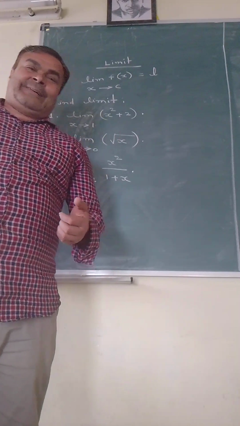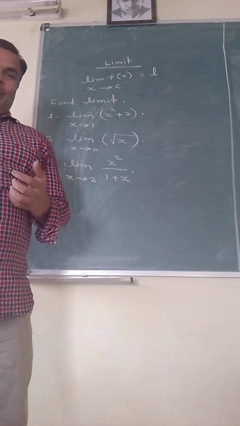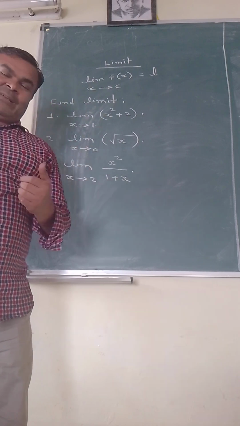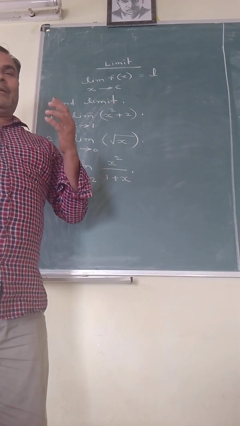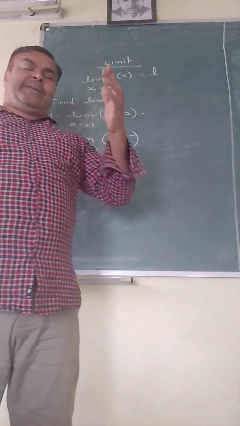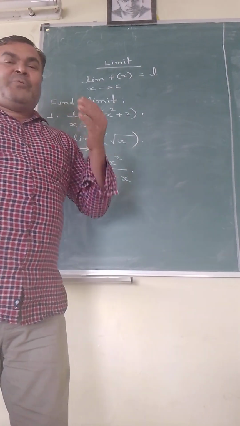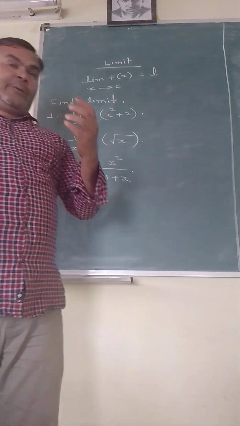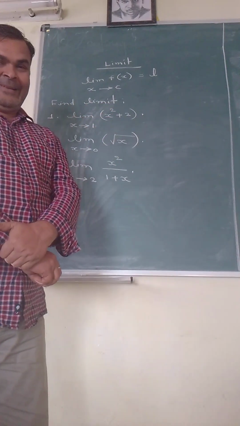These are some examples where we need the concept of limit, not only the concept of limit, but a deep understanding of limit. How do we deal with the concept of limit over such questions?